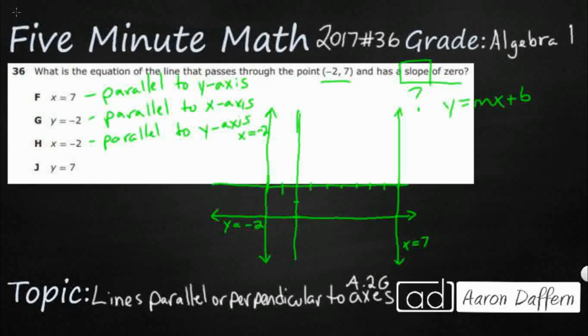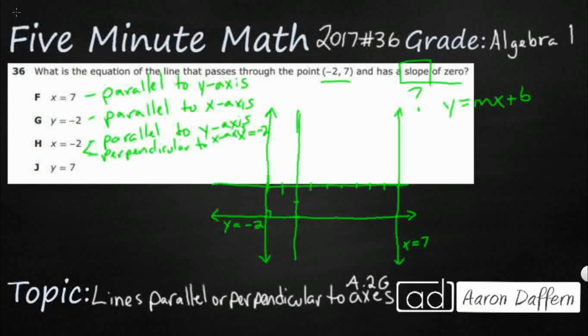Another way to say this is it is parallel to the y-axis, but you notice it's also perpendicular to the x-axis. So when I have an x equals, that means it's going to be perpendicular to that axis. It's parallel to the opposite axis. And I could do that with all of these if I really wanted to. Those two work for that one.